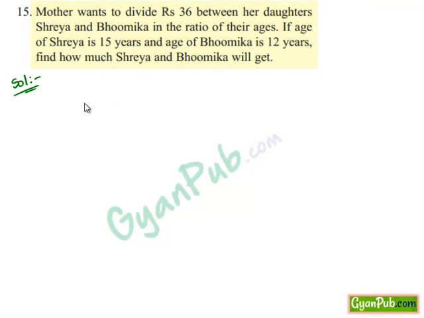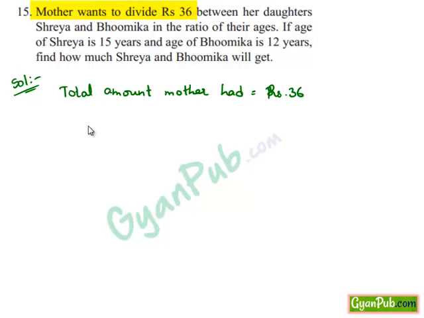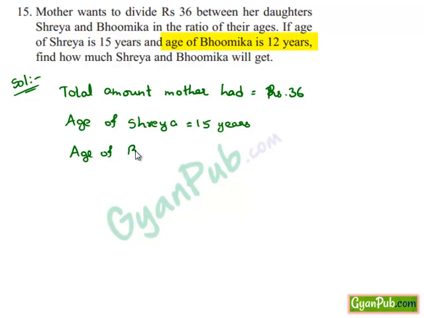Take down the given data, that is total amount mother had is equal to rupees 36 and age of Shreya is equal to 15 years and age of Bhoomika is equal to 12 years.